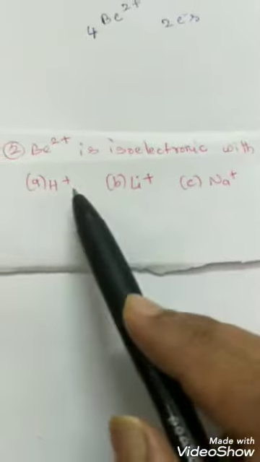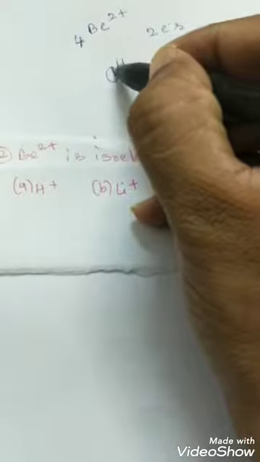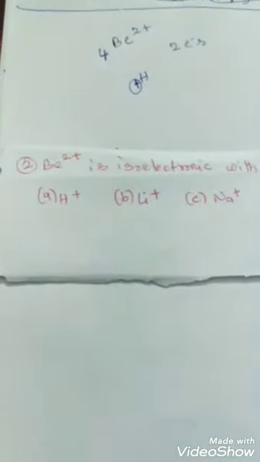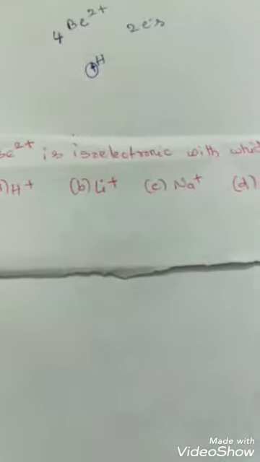Now we check in the options whether they have 2 electrons. First, H plus. Hydrogen's atomic number is 1, and plus means this electron is also removed, so nothing is left. So option A is not correct. Option B is lithium plus.